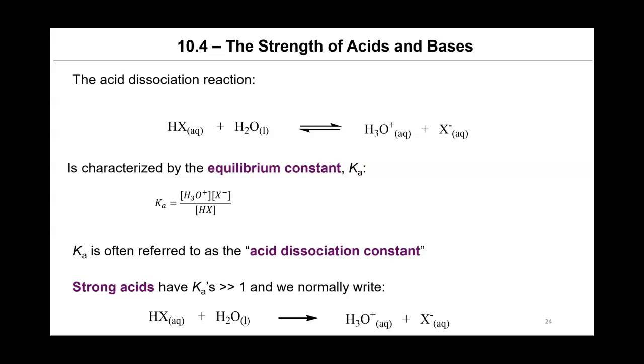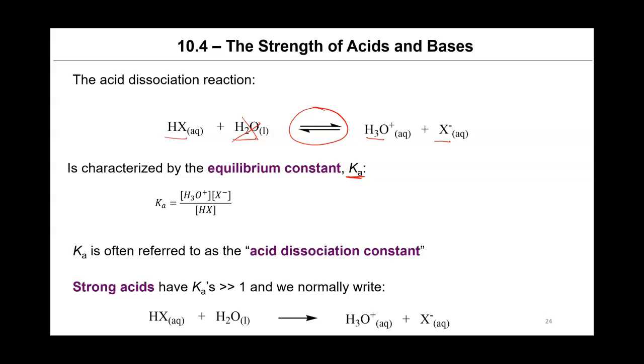The acid dissociation reaction may not be complete. That is, it might be an equilibrium reaction. So we can characterize this by an equilibrium constant, and we call the equilibrium constant describing the dissociation of an acid Ka. So how do we write it? Well, it's products over reactants. But you'll note that we omit the term for liquid water.